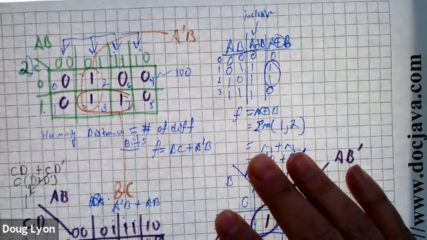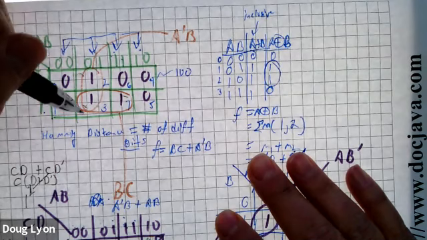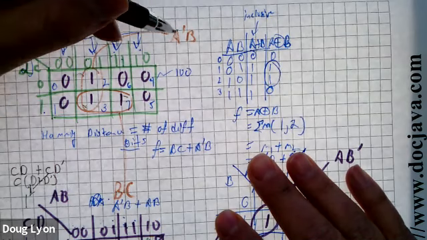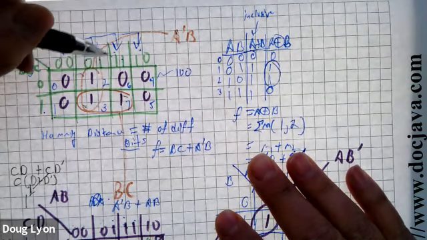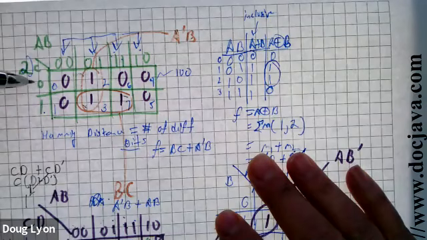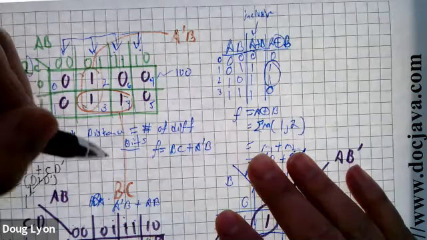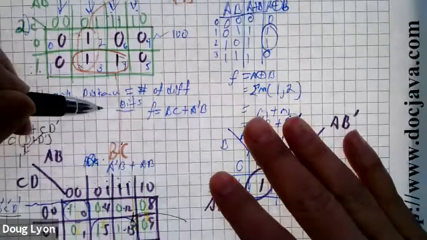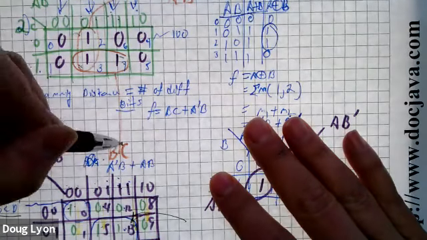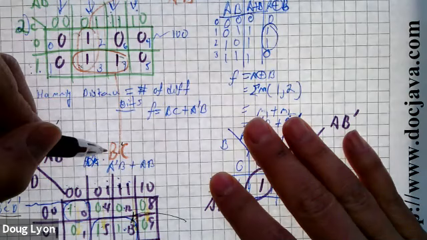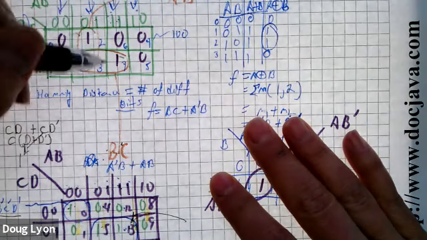So we see looping in this direction, A is going to be 0, so we got A prime. B is going to be equal to 1, so we got B. C is changing, so it gets canceled out. Looping in this direction, we see C is going to be a 1. C is uninverted. We also see A is changing, so it's eliminated, but B is not changing, so it's a 1.